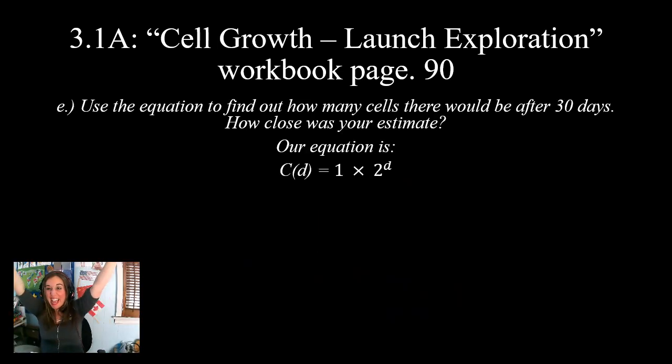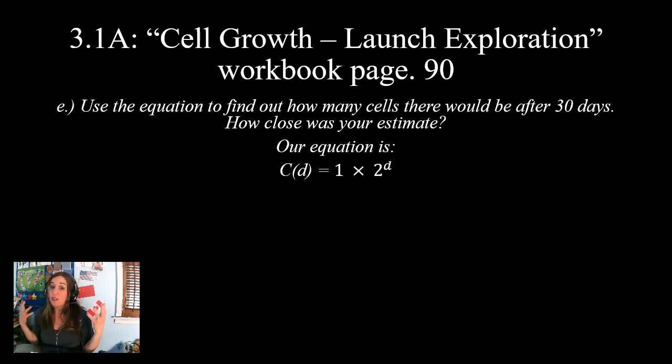So yay! Now we've made it to part E, our last question for this lunch. Woohoo! It says, use the equation to find out how many cells there would be after 30 days and how close was your estimate. So if you remember way back when we first started this lecture, I asked you to come up with some sort of an estimate, just a brave guess for how many cells you thought there would be after 30 days.